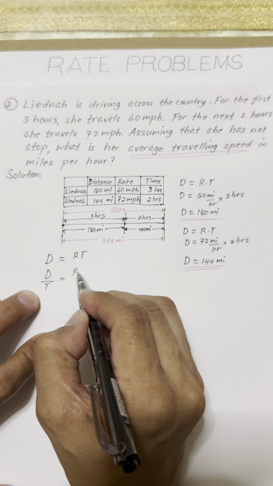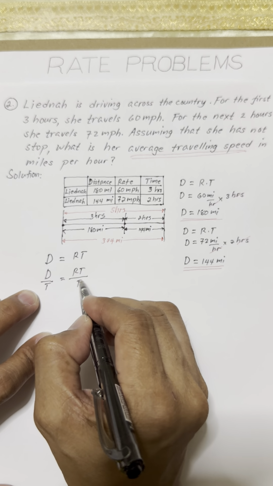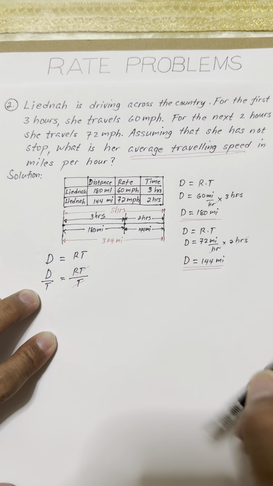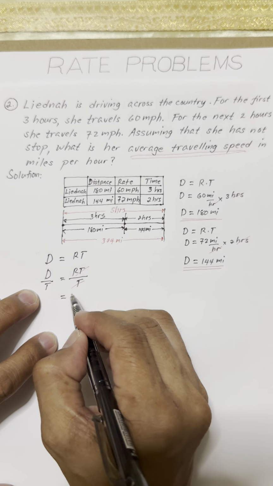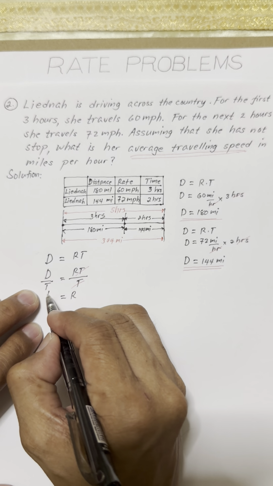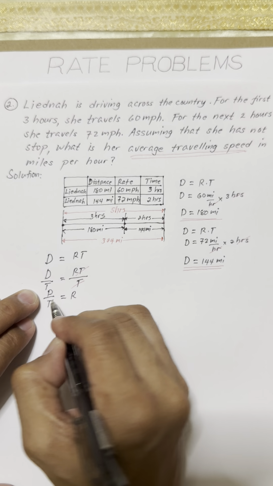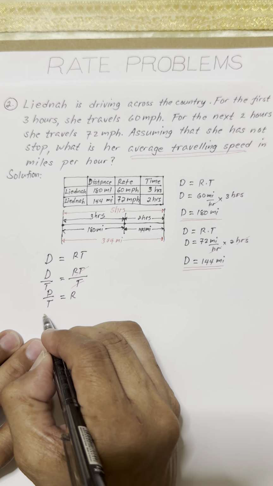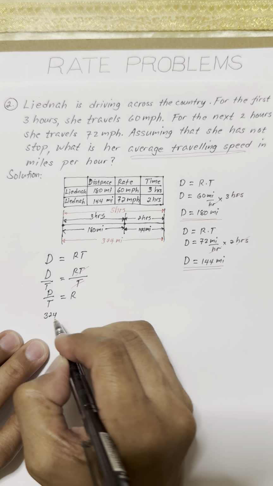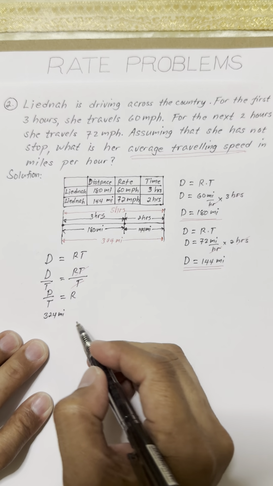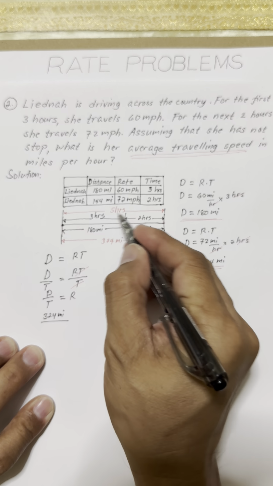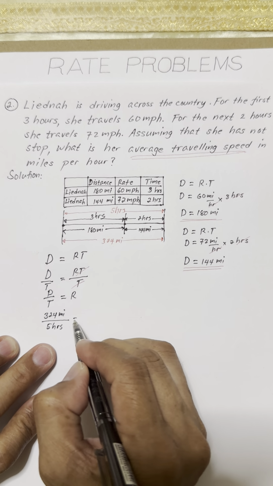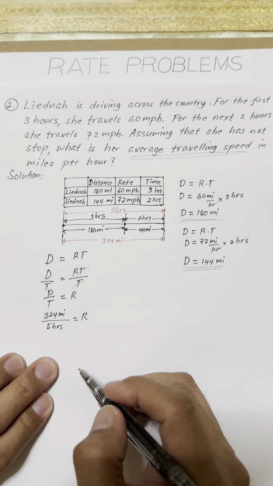R times T divided by time, so the time at the numerator cancels with the time at the denominator, leaving only the rate. So R equals D over T. Substituting the total distance, 324 miles, divided by the total time, 5 hours, equals R, the rate.